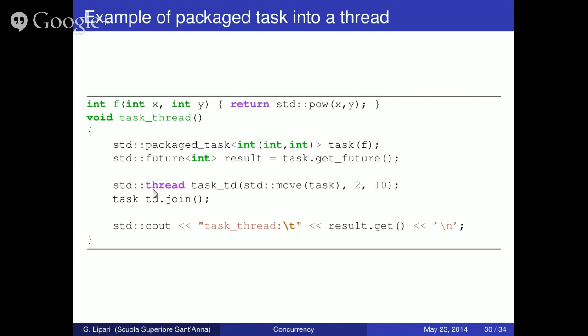And then you can put this task into a thread with std::move(task), where 2 and 10 are the two arguments you're passing to f. You put that into a thread that you call task_td. Then you wait for it to finish, task_td.join. And then you can get the result into the future that you obtained before, result.get.